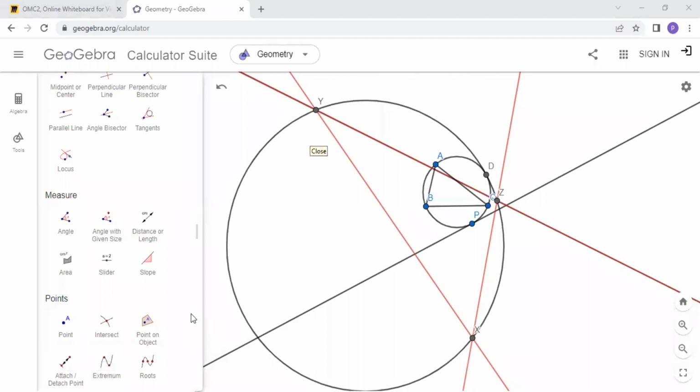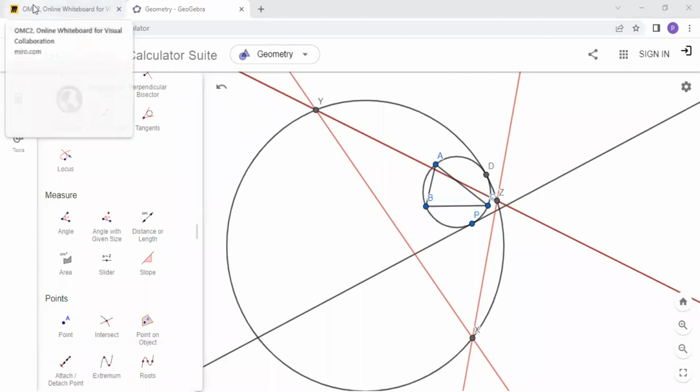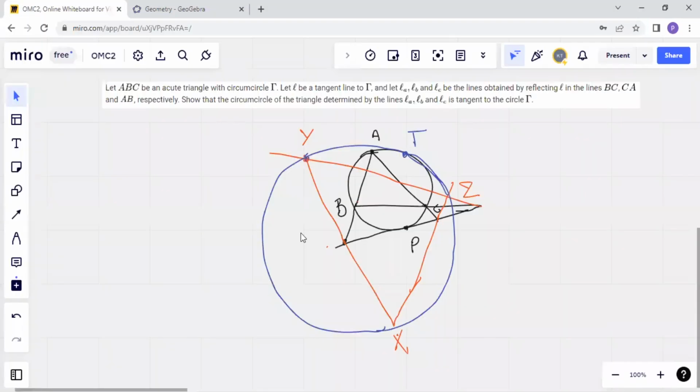Okay, anyways, so I'll just give a hint. So basically, just go back to the OMC one, the mirror whiteboard. So basically, these points are quite nice.